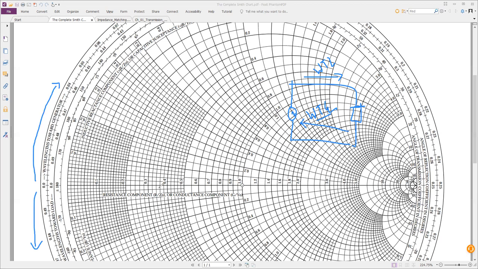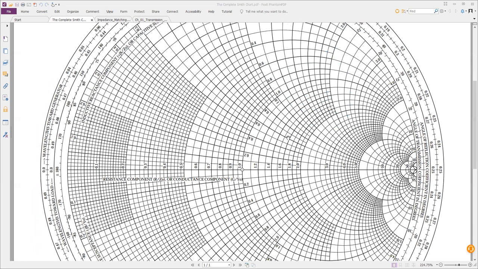Now, the thing is, wavelength towards load and wavelength towards generator. Okay.